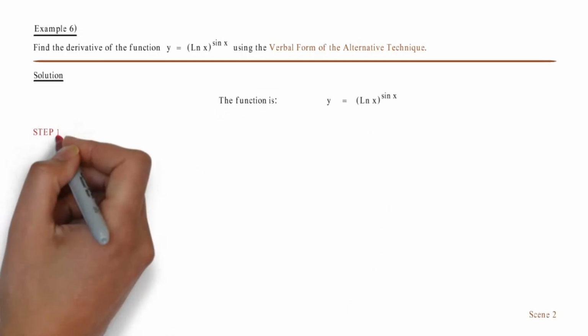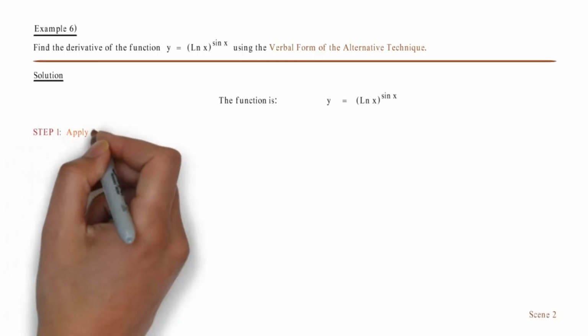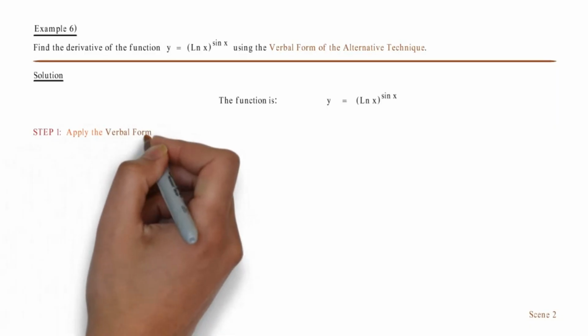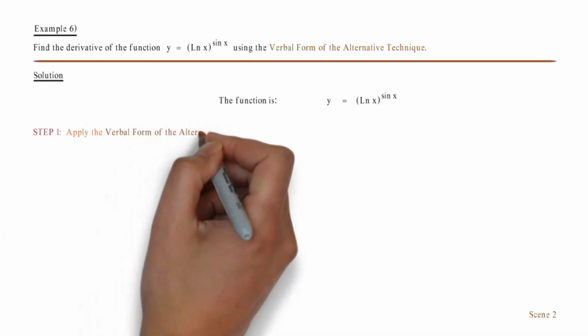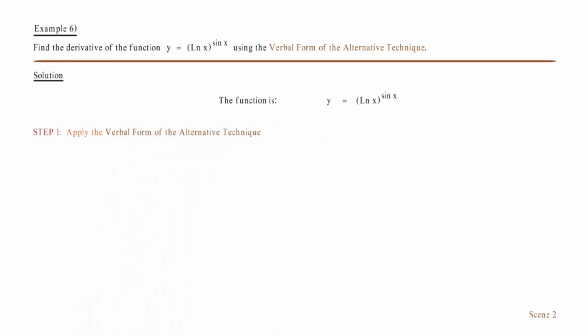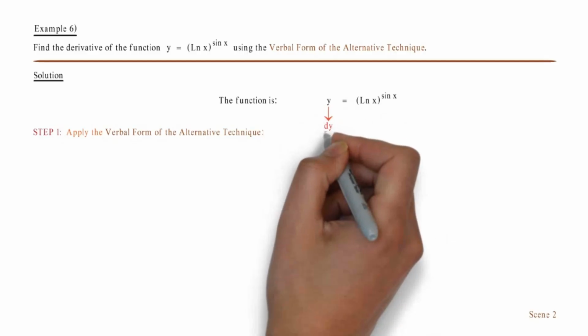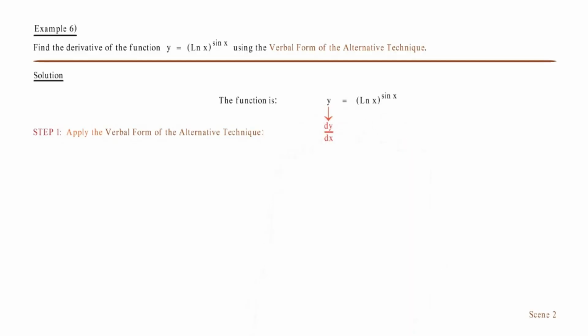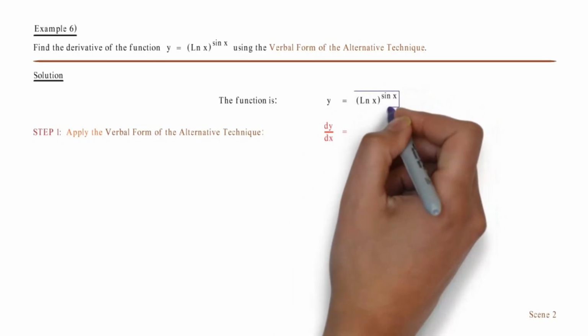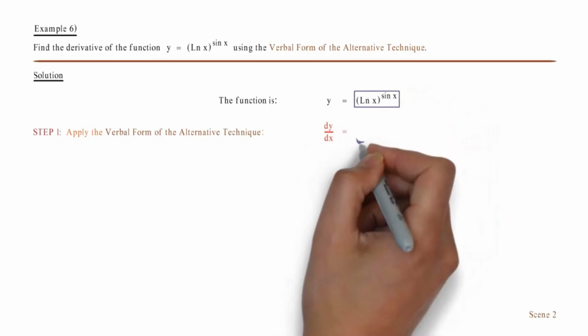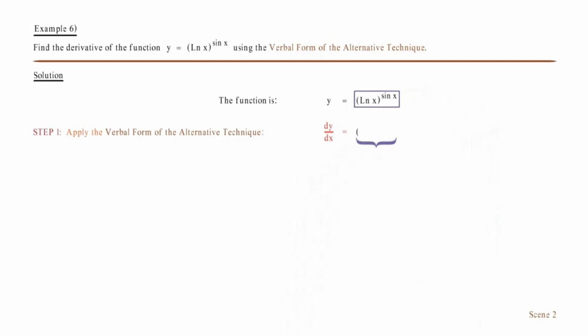Step 1. Apply the verbal form of the alternative technique. The derivative of y is dy by dx equals the right-hand side of y, which is this expression, so substitute.